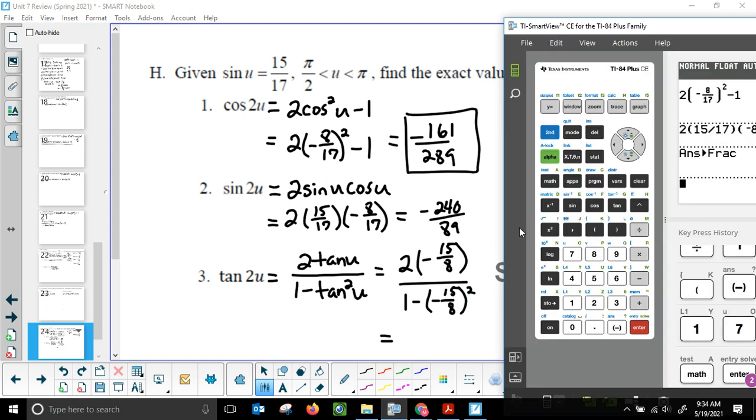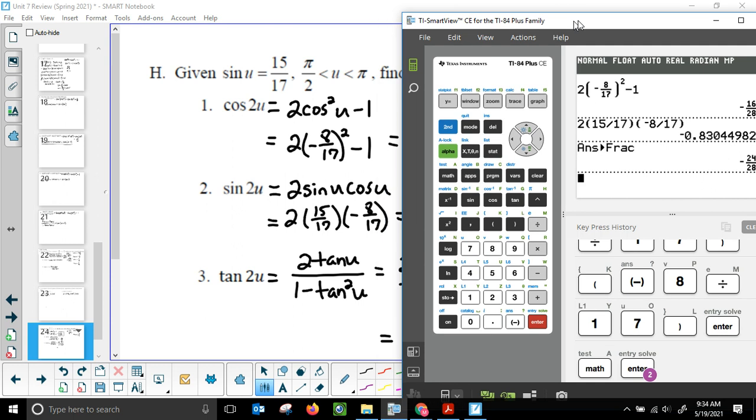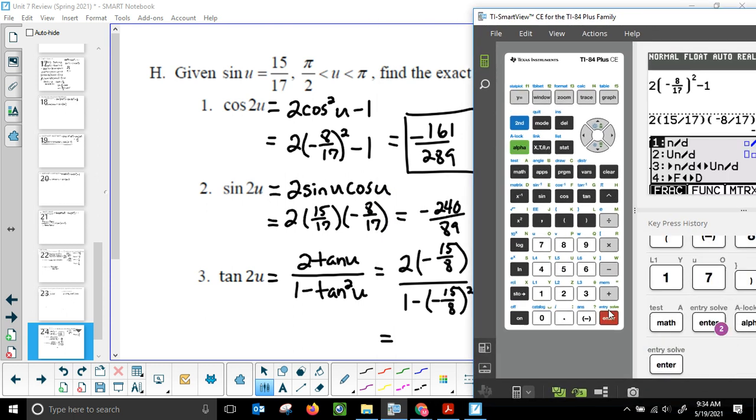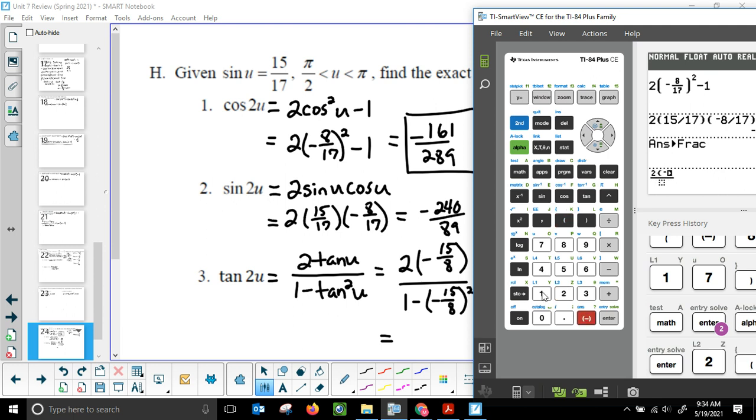And last but not least, this absolute disaster up top. All right, so we have 2 times negative 15 eighths over 1 minus negative 15 eighths squared.